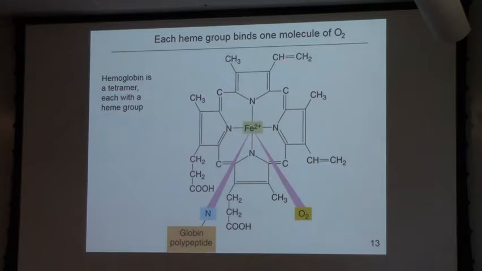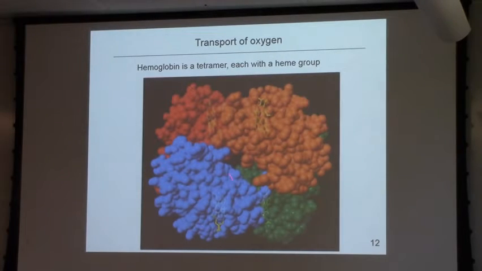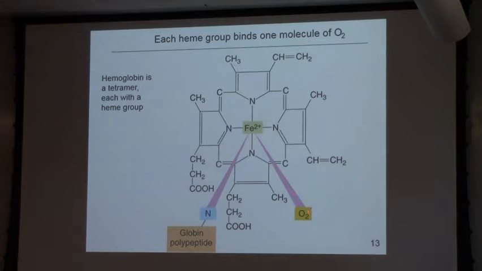The heme group is covalently attached to the globin, right there. This is all of the protein. And oxygen binds to this iron-nitrogen complex here. So there's high affinity and actually cooperative binding of oxygen to heme.